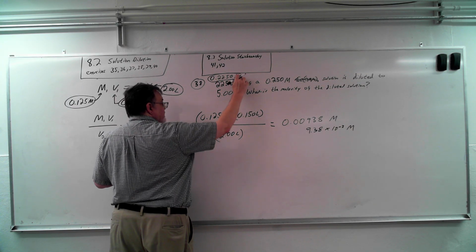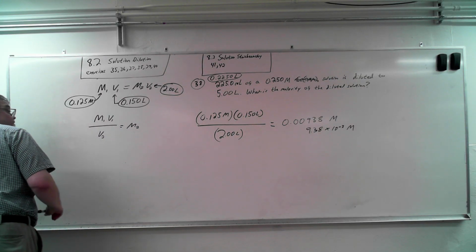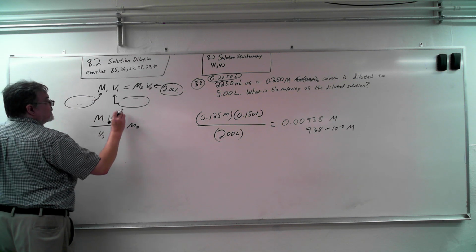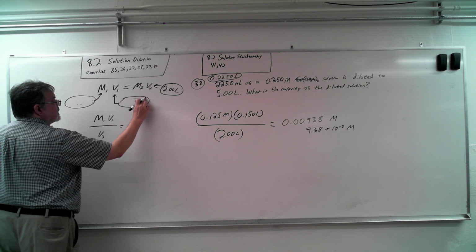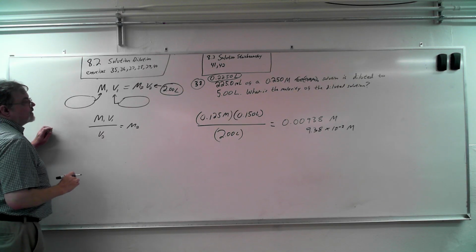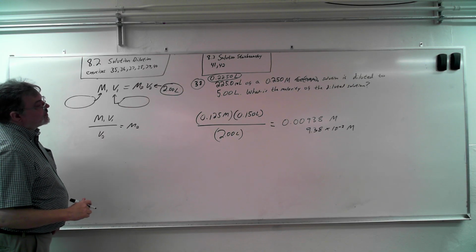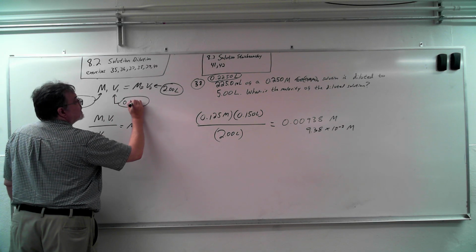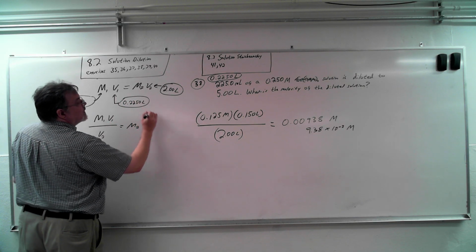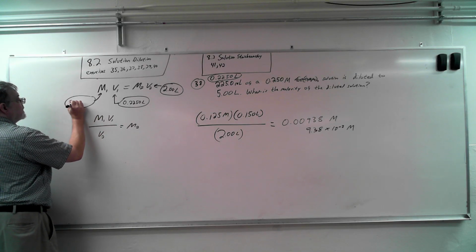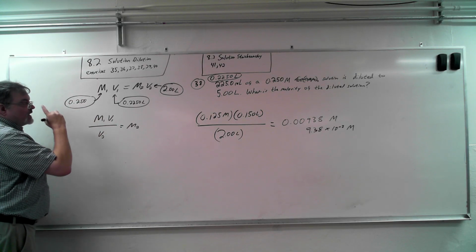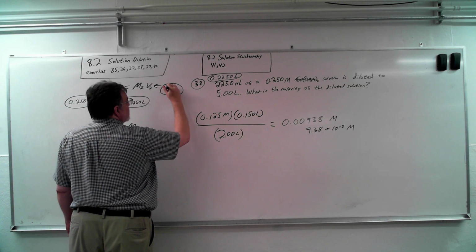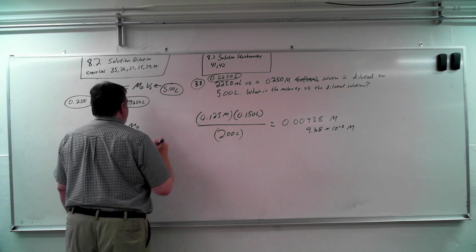So now we got liters and liters. So again, the key is identifying which variables are which just by reading the question. If you can do that, the rest is very simple.